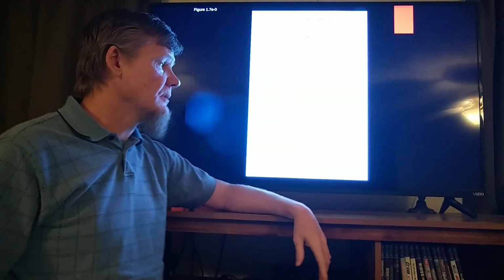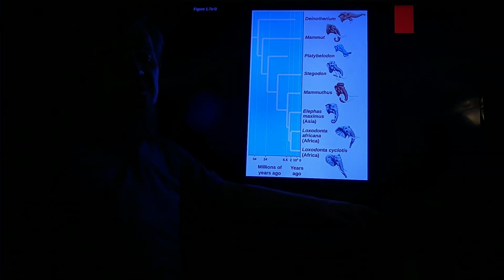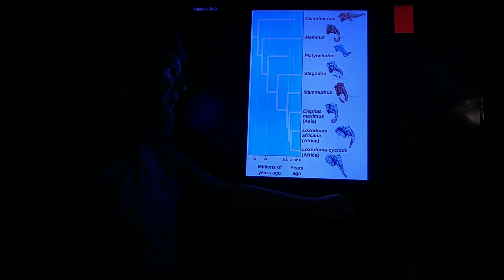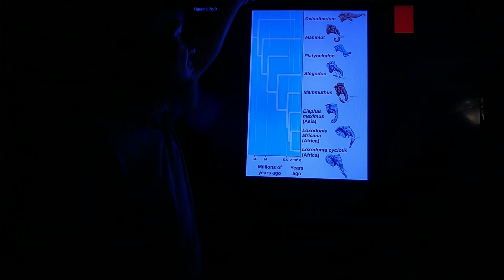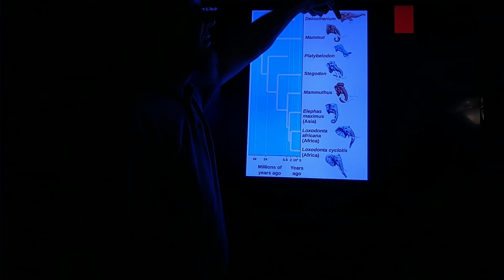Species change. This is an assemblage of species that lead to modern day elephants. We've got quite a good assemblage of them, and we see that species change. Look at the different tusks.